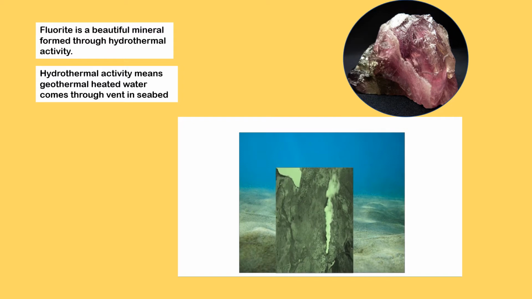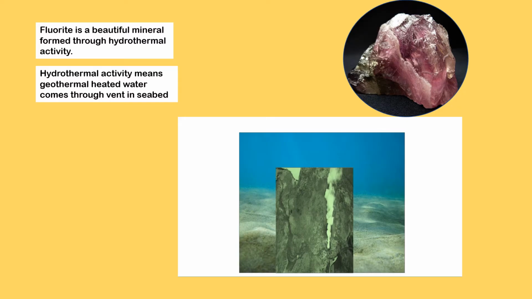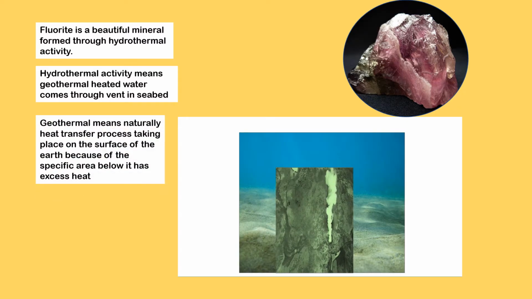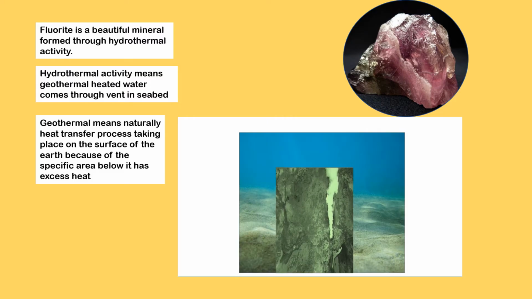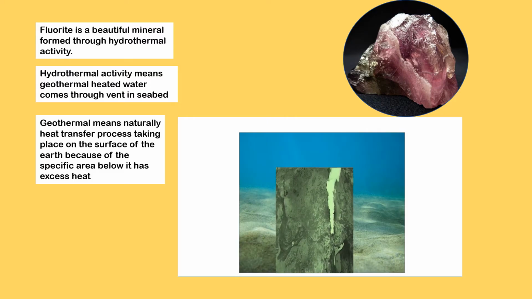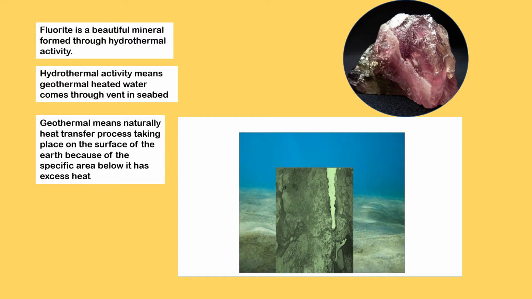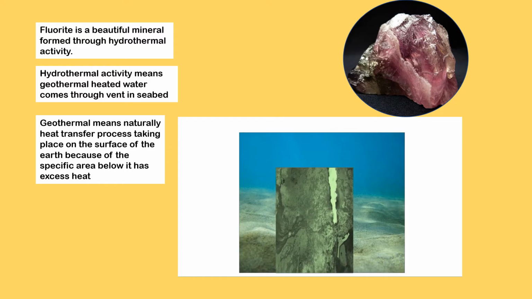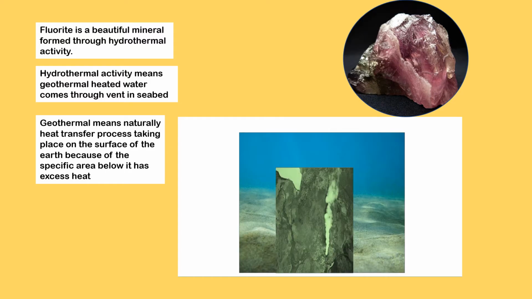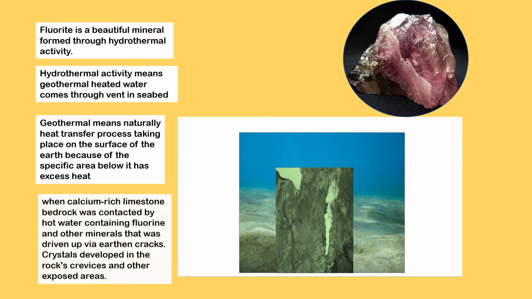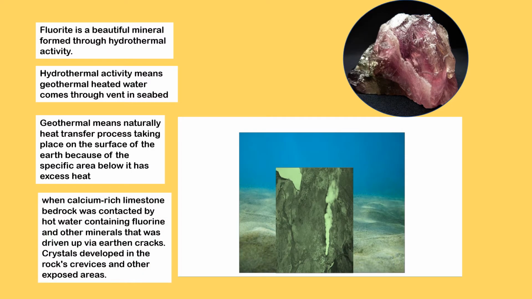If you look at the video carefully, children, you see that heated water is coming through a vent in a seabed. So geothermal means a natural heat transfer process taking place on the surface of the earth because a specific area below it has excess heat. So this mineral fluoride, how is it formed?